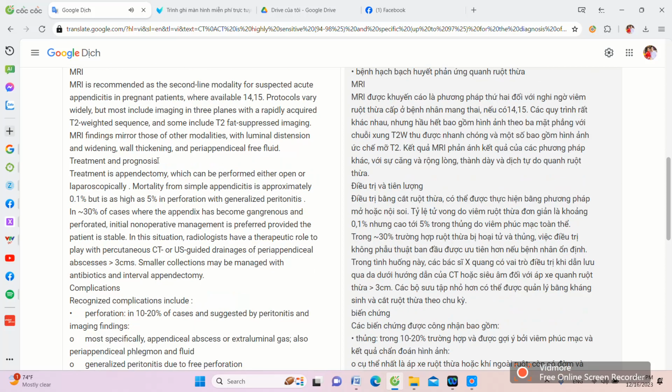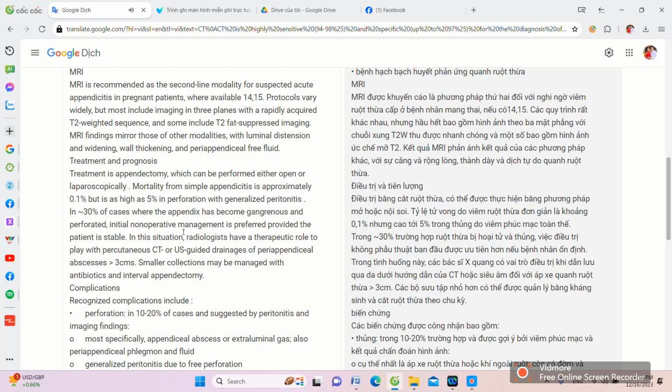Treatment and prognosis. Treatment is appendectomy, which can be performed either open or laparoscopically. Mortality from simple appendicitis is approximately 0.1% but is as high as 5% in perforation with generalized peritonitis. In approximately 30% of cases where the appendix has become gangrenous and perforated, initial non-operative management is preferred provided the patient is stable.